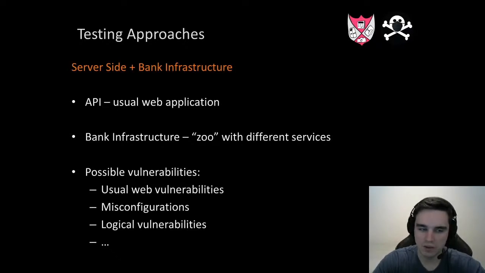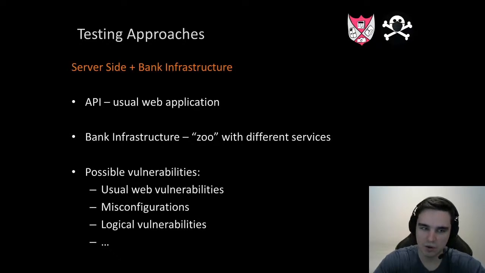and also logical vulnerabilities, because the bank, mobile banking and online banking, is a very, very complex thing. It has a very, very complex architecture. When the architecture is complex, developers can make a lot of mistakes.